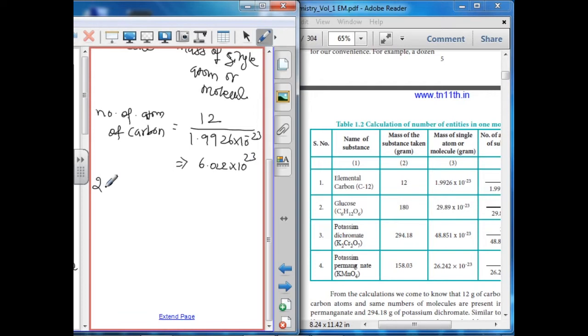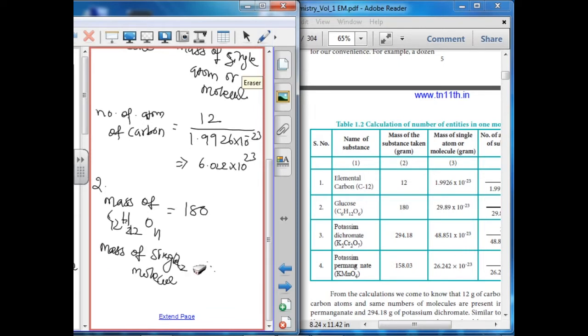Second one is glucose. Mass of glucose equals 180.